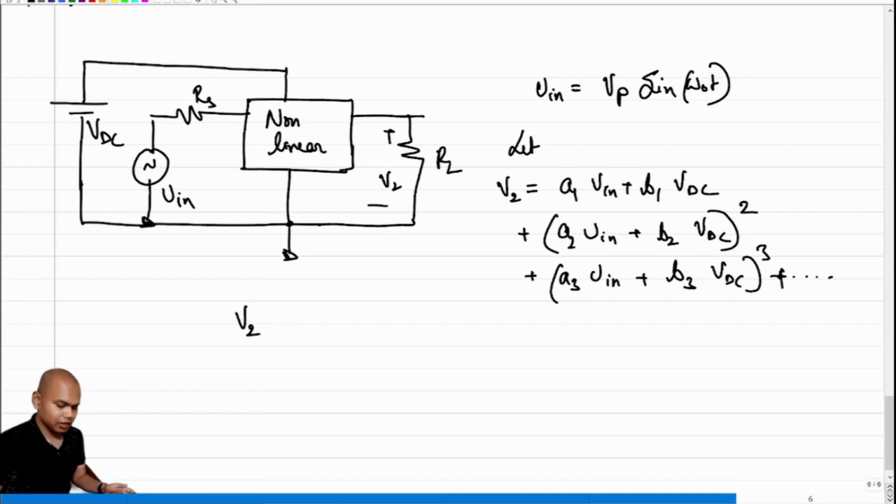Power is obviously the average of V2 squared over R, right?